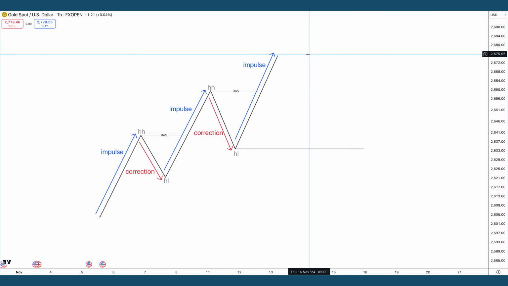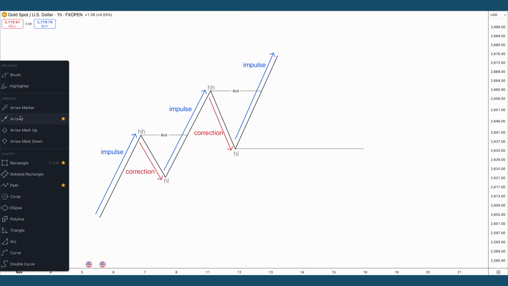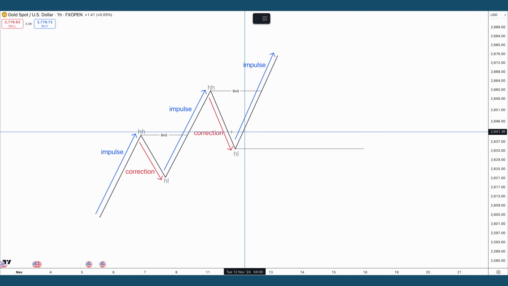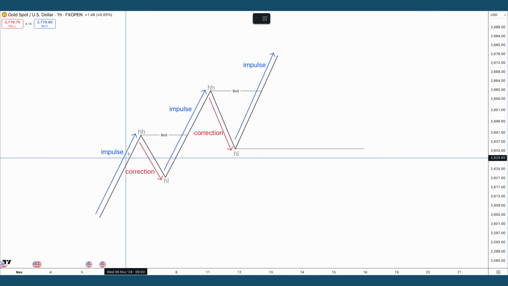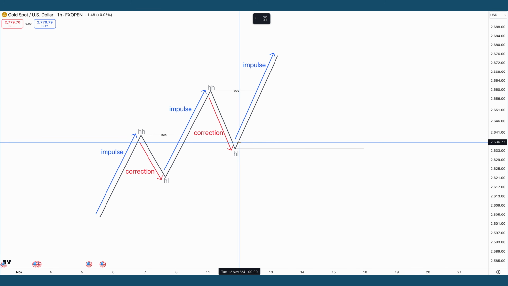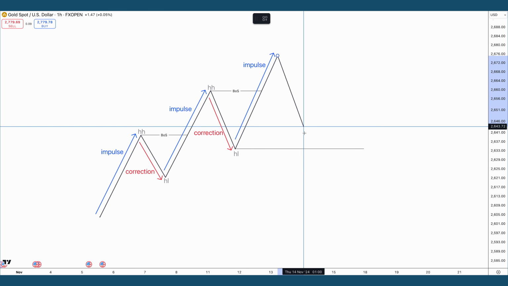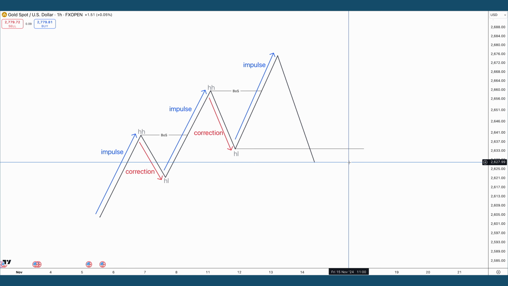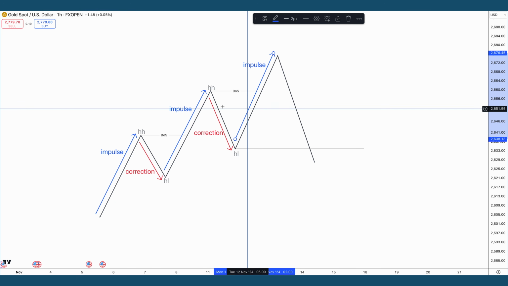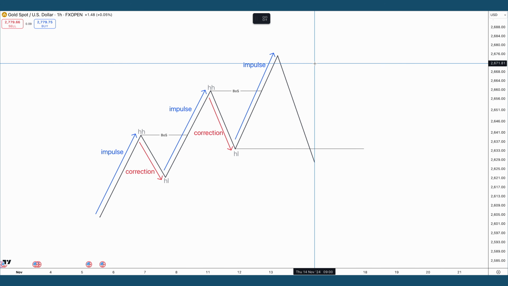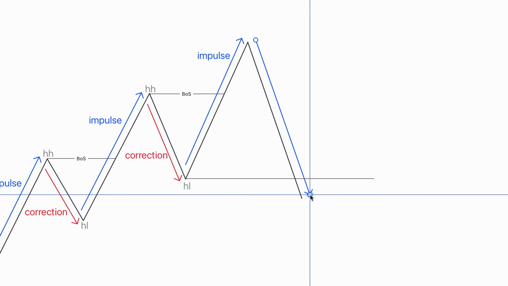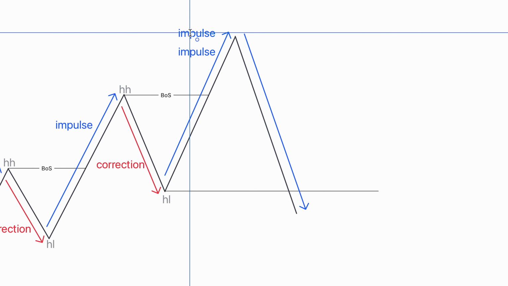Now, eventually, trends come to an end. We can define when they're coming to an end by looking at the higher lows. So here we have this impulsive bullish trend. We have an uptrend. In this market, we only want to buy. But what happens if the market comes down and breaks through this low like this? Well, now we would get a new impulsive move, this movement here. But this would be a bearish impulse.